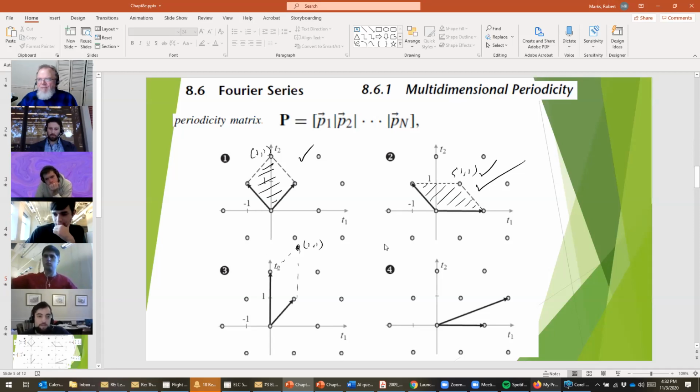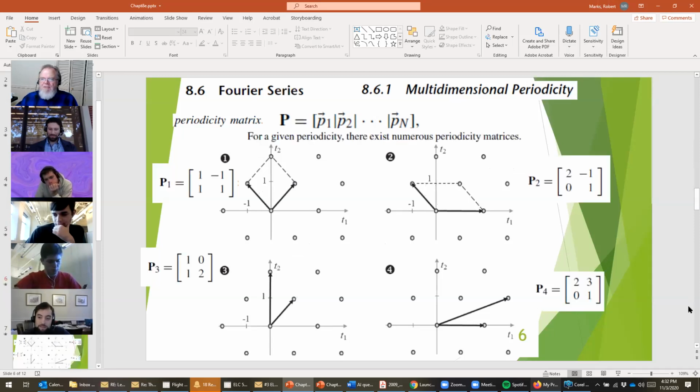Well, maybe you would, maybe you wouldn't. But in fact, let's verify this. Let's look at the periodicity matrices for these corresponding results. This one, on the left here, is 1, 1, and then minus 1, 1. Is that okay? This is the P1 here, and this is the P2.